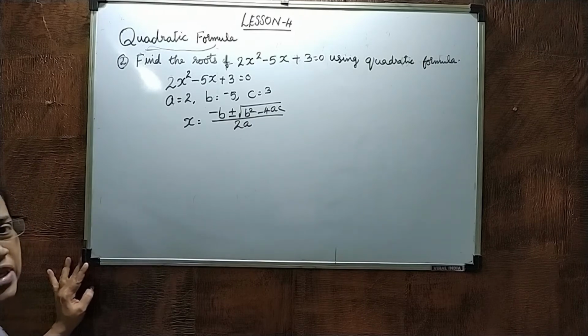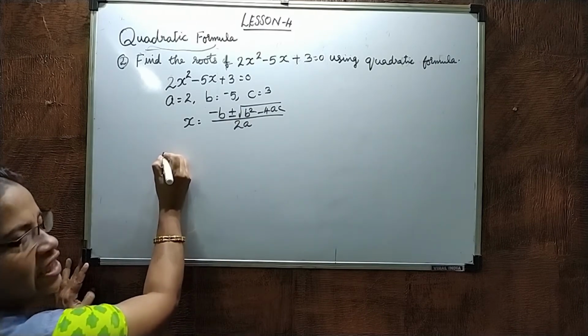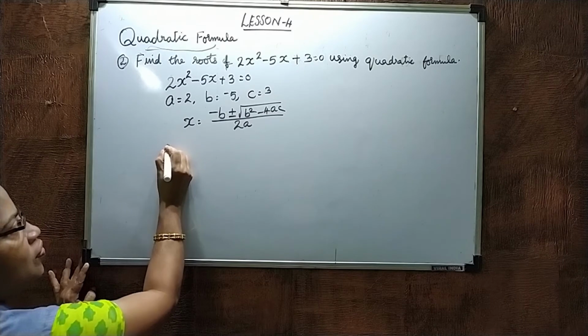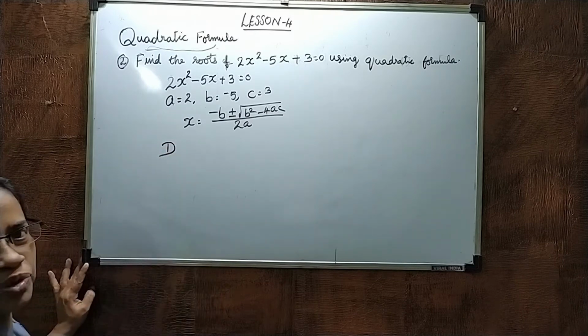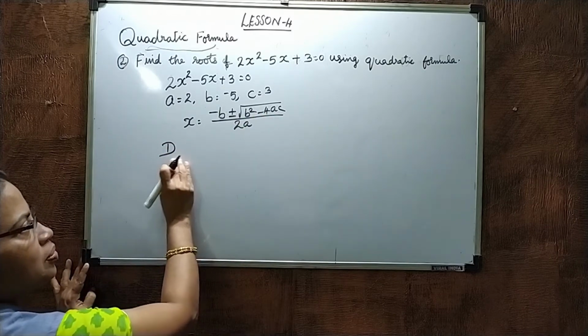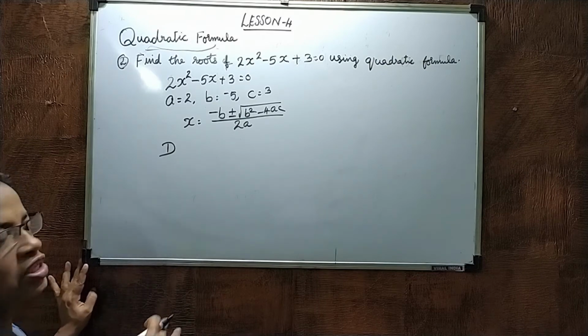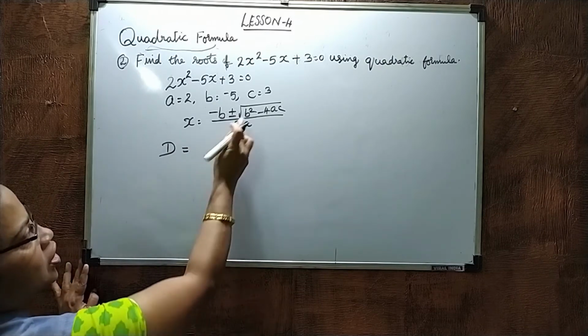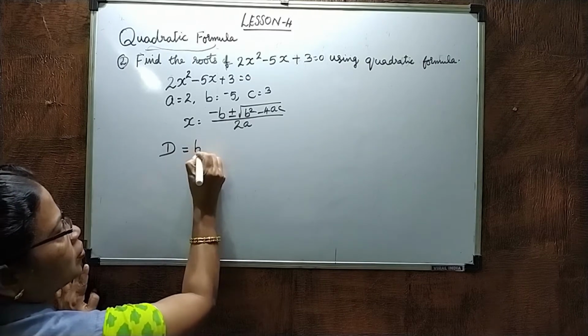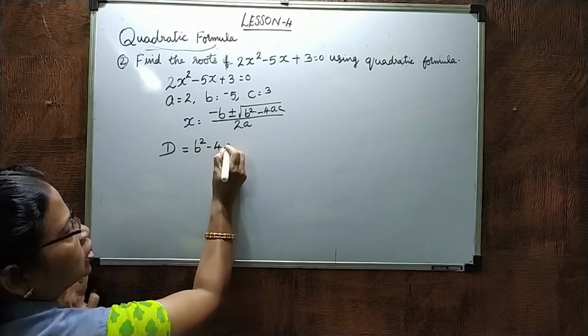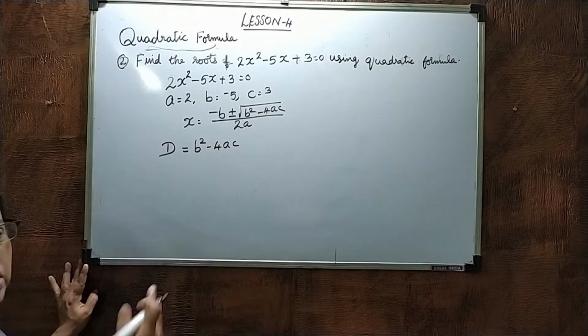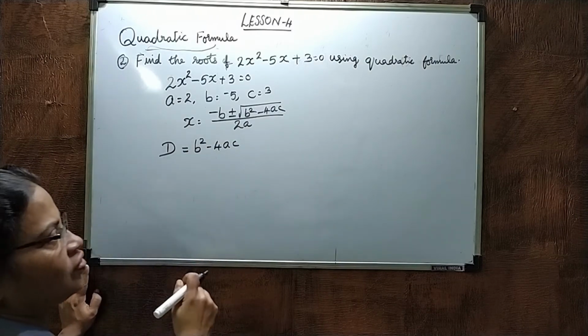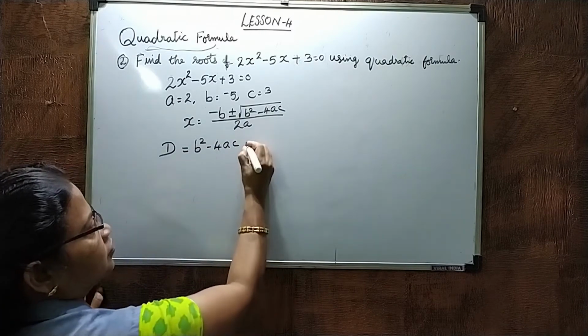Okay, now what is the next? You have to find out the discriminant capital D. If you write b square minus 4ac, you will be thorough with that b square minus 4ac. If you write D also, no problem. Equals, what is it? B square minus 4ac you will write first. No need to write these two terms together, only one is enough. I want to show you, that's why.